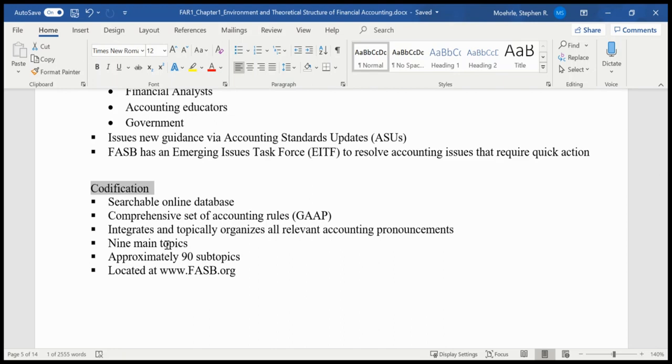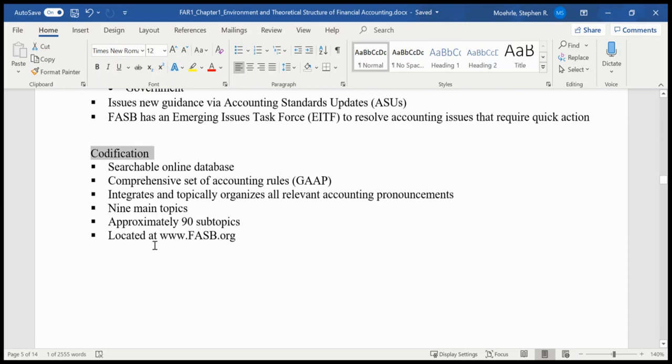It categorizes them into 9 main topics and then approximately 90 subtopics. The codification is located at www.fasb.org, and we will provide you with free access while you're a student here. So you'll be searching and you'll be able to see the codification a lot.